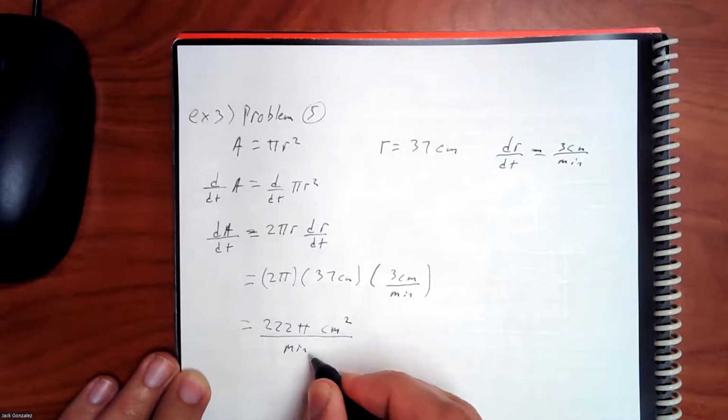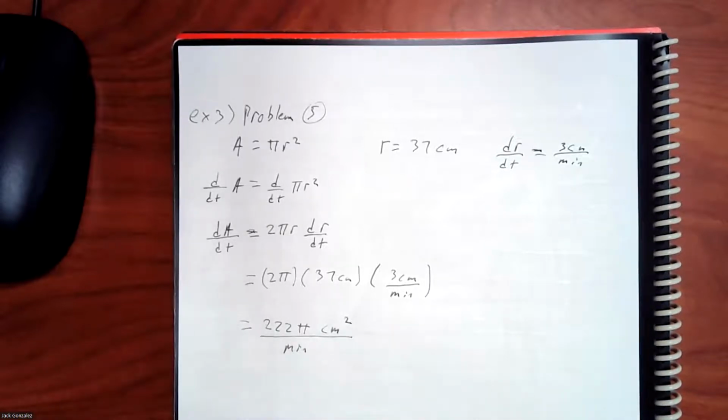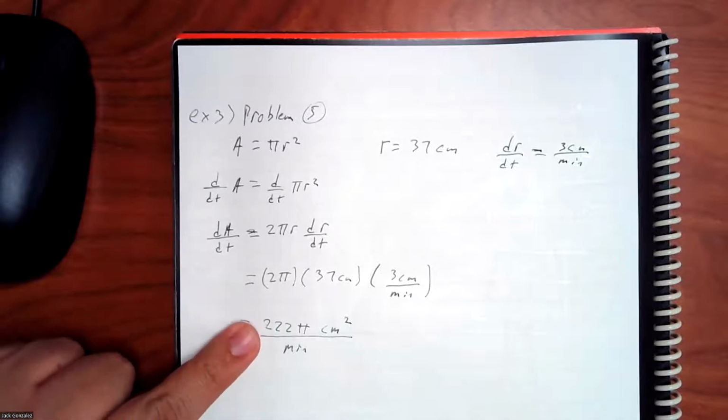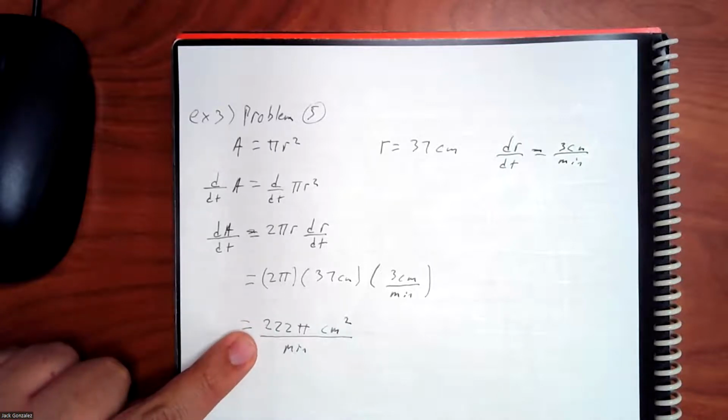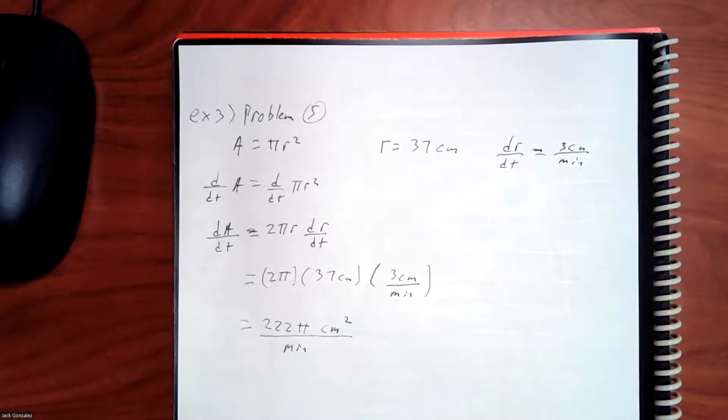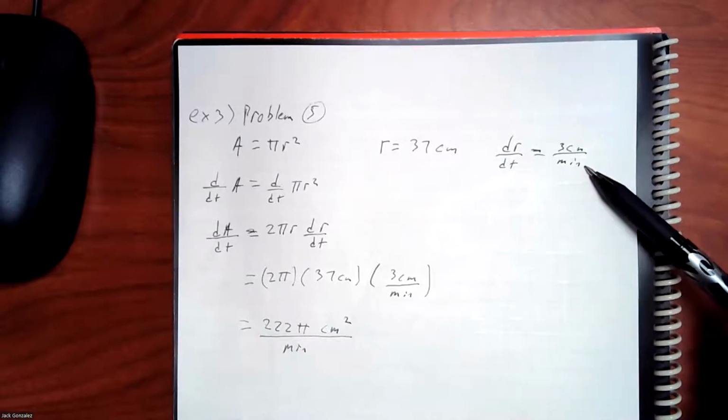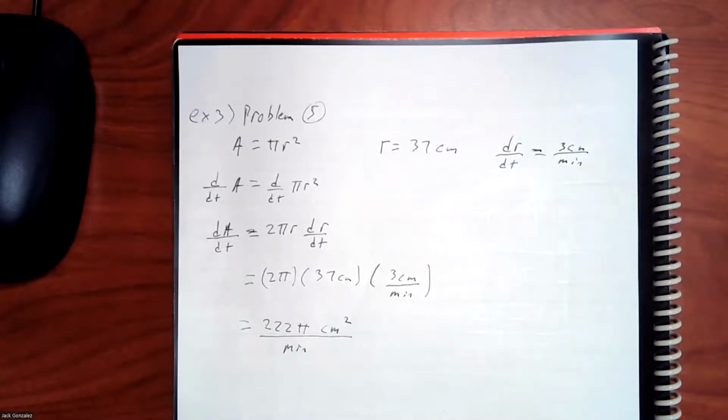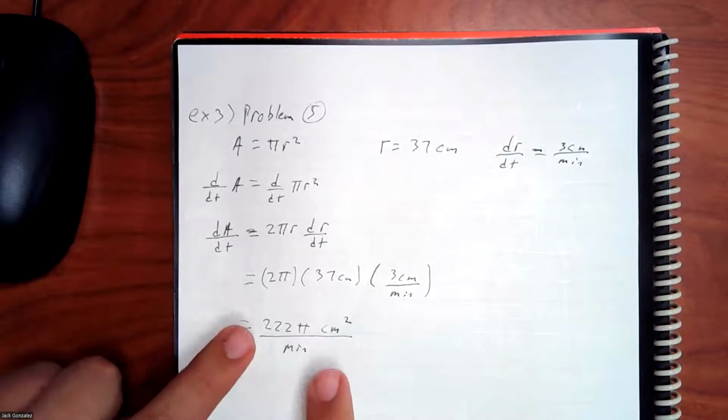So every minute, the area of the circle is changing by this much, given this rate of change of the radius. So as the radius grows, the area of the circle is changing by this much.